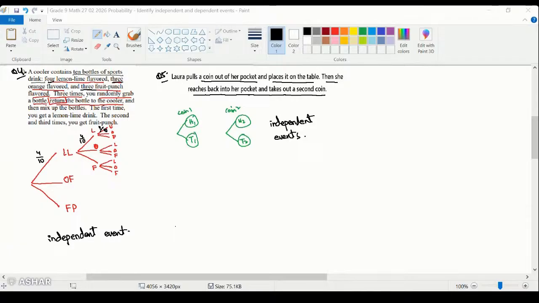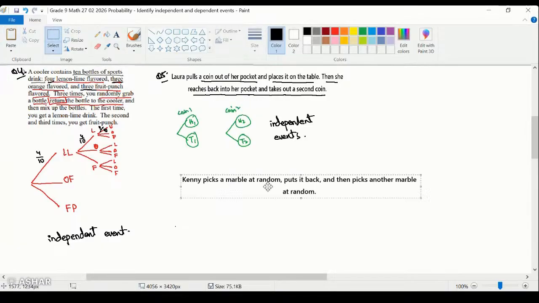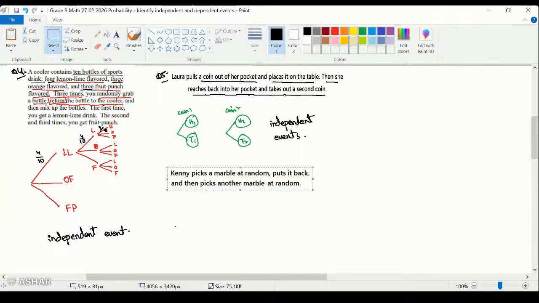Okay. The next question, they say, Kenny picks a marble at random, puts it back. Whenever it's returned. Question number 6. Just a moment, please. Let me align this. If this is our question number 6, it says, Kenny picks a marble at random. That means it can be any. Puts it back. That means replaced.